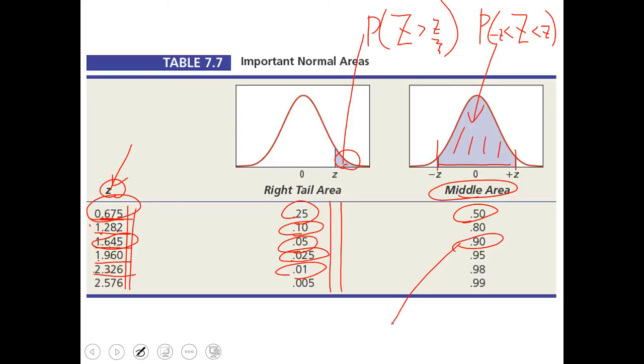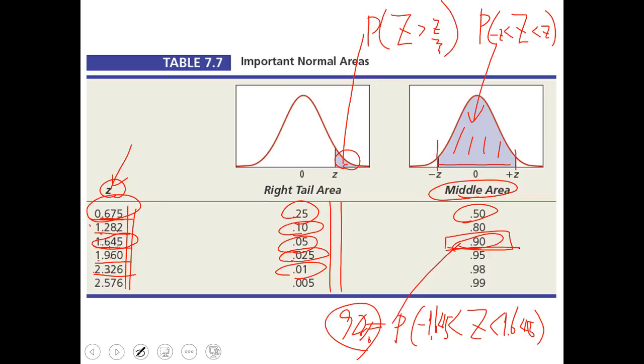This 90% means that the probability that large Z is between minus 1.645 and plus 1.645 is 90%. Please keep in mind these critical points, middle areas and tail areas. They will be used when you study the confidence interval.